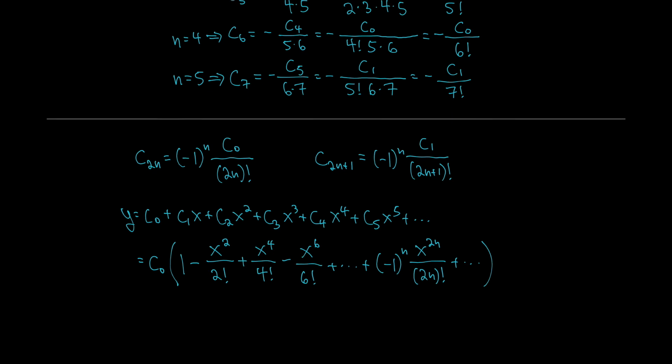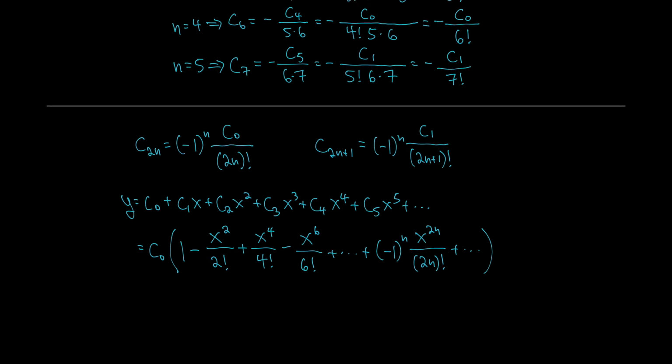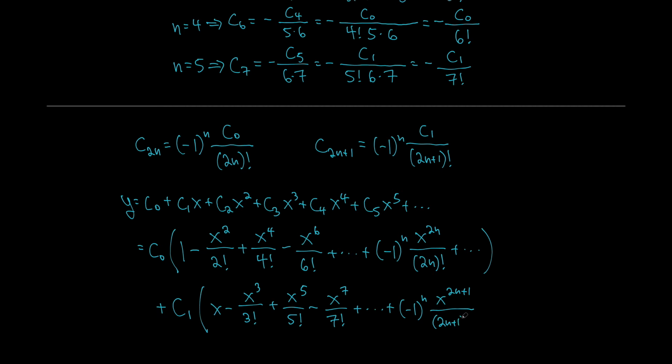And that's just our even coefficients, so we also need our odd ones, so we'll add c1 times x minus x cubed over 3 factorial plus x to the fifth over 5 factorial minus x to the seventh over 7 factorial, and so on until we get to an arbitrary term of x to the 2n plus 1 over 2n plus 1 factorial, and then we keep going.